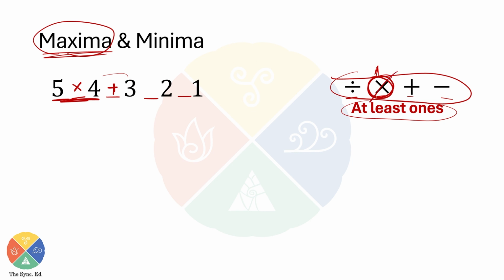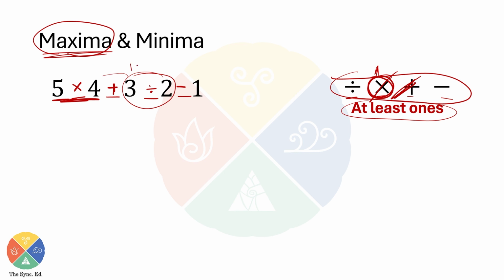So, multiplication has been used, addition has been used. Now, I have division and subtraction. So, either I can put division like this and subtraction like this, or I can put subtraction here and division here. If I put division in the first place, this 3 is going to get divided, because according to the BODMAS rule, division will happen first.